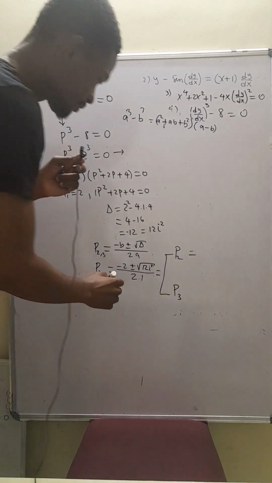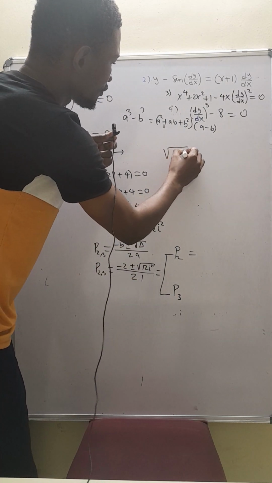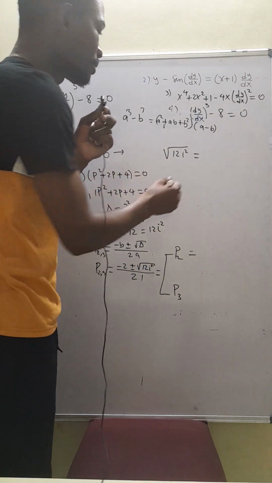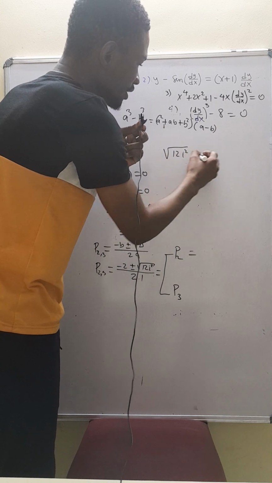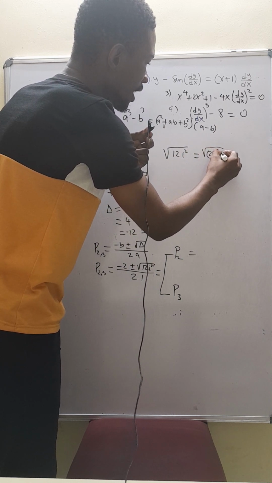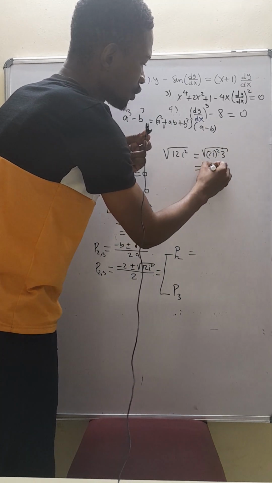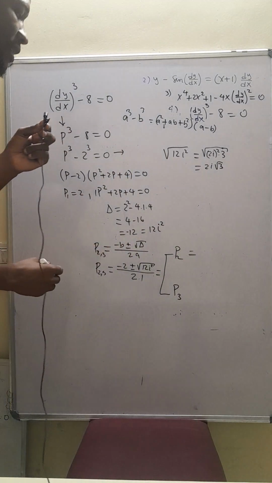Now see, what is the root of 12i squared? I know that 12 has no exact root, but I can simplify this. It is root of 2 squared times 3 times i squared, so it will be 2i out and root 3.